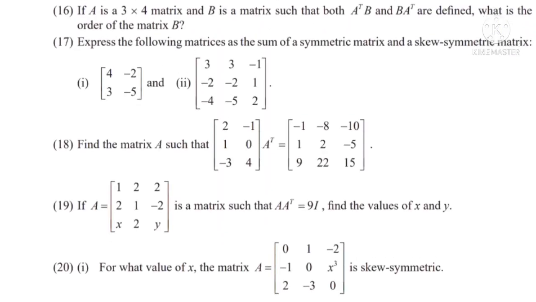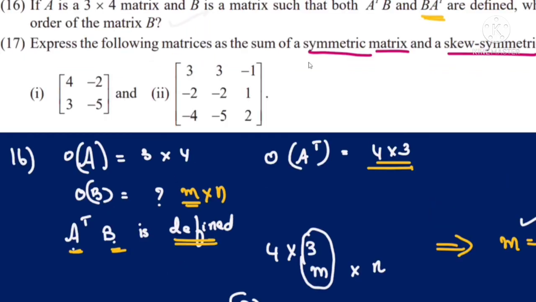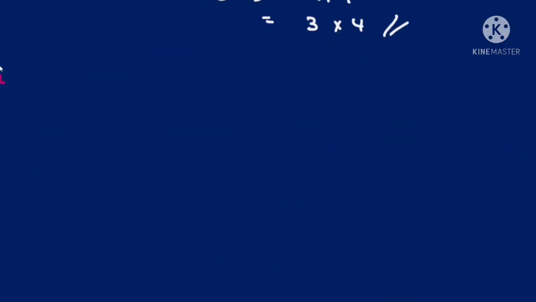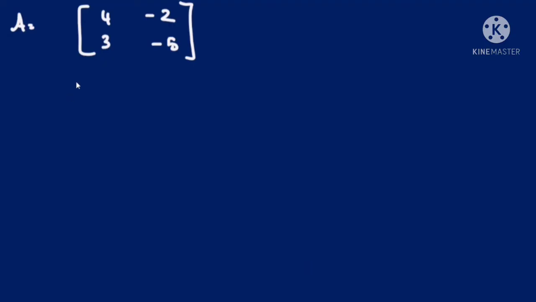Now, what is the next sum? Write the following matrices as a sum of symmetric and skew symmetric matrices. So first one, matrix A is 4, minus 2, 3, minus 5. Now what's the question here? You have to write this matrix as a sum of symmetric and skew symmetric. So how do you write?